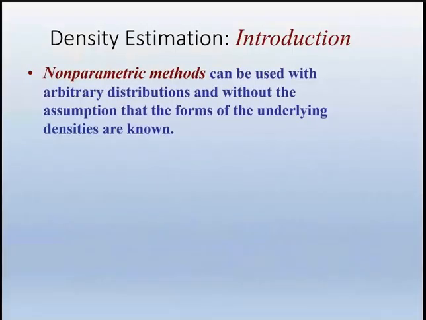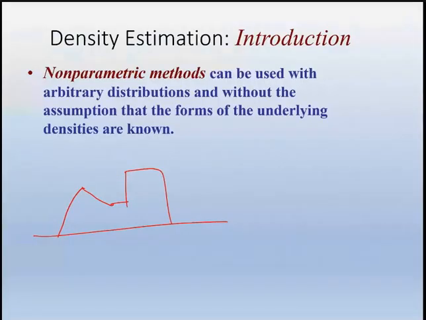So non-parametric methods can be used with arbitrary distributions and without the assumption that the forms of underlying densities are known. So you can have any kind of shape. Suppose I have this shape as my distribution. There is no regular shape here.